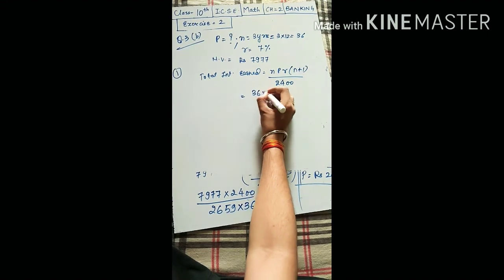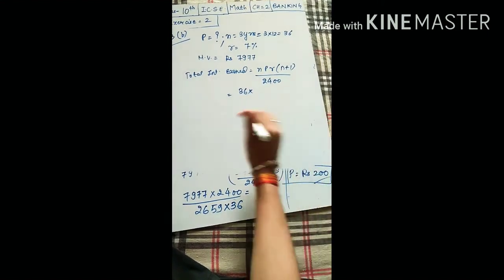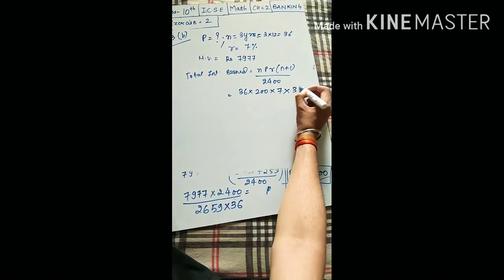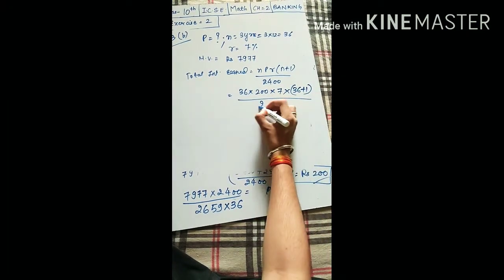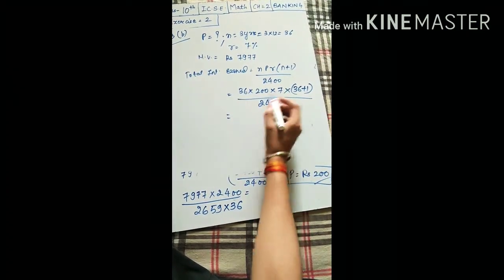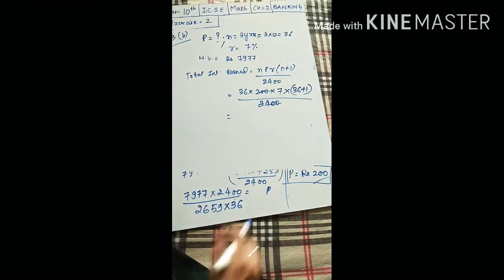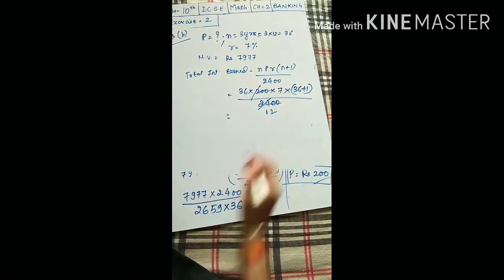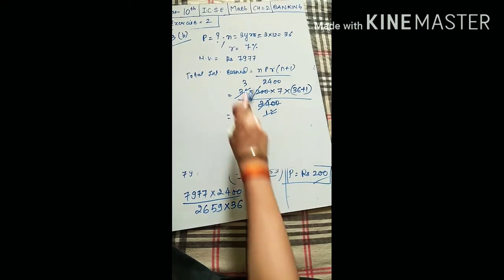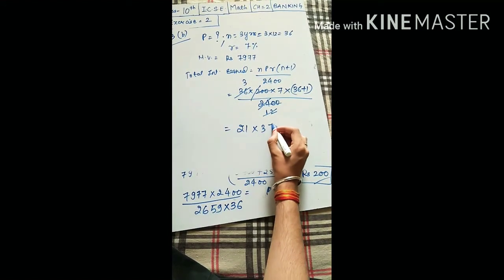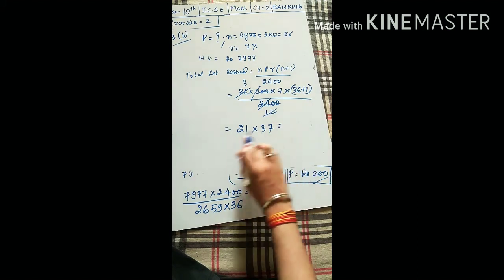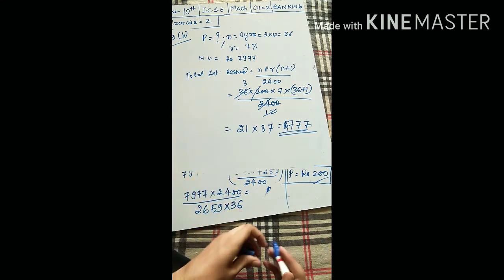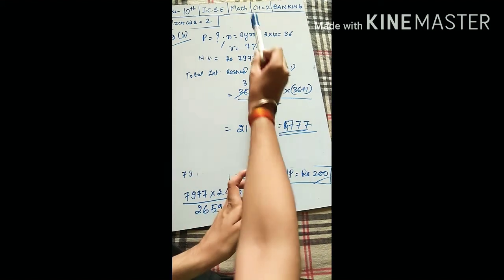N is 36, P we got as 200, so 200 into rate 7%, into 36 plus 1 upon 2400. Cancel the zeros, this will be 12, and this 12 you can directly cancel with 3. 3 into 7 will give you 21. On multiplication you will get 777. So this is the total interest after 3 years.